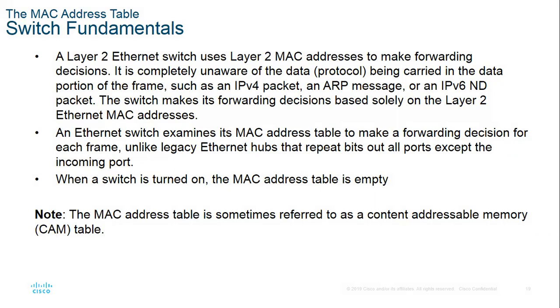Otherwise, it has to flood it over all ports except the one from which the frame came. When the switch is just turned on, the switching table is empty, and it needs to learn it. In some vendors, the switching table is called the CAM table, or content addressable memory table.